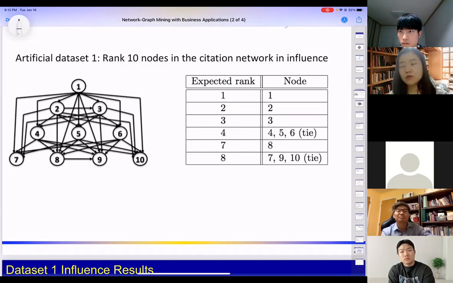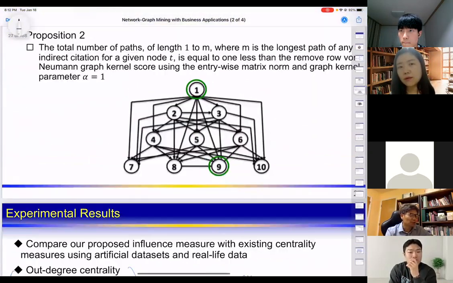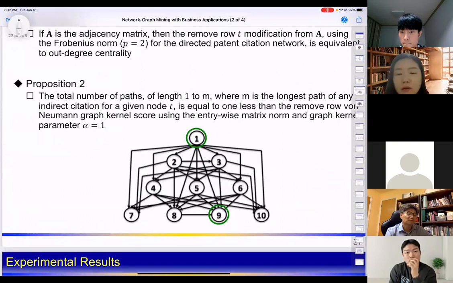Node 9 has direct influence from 5, 6, 8, but node 9 also has indirect influence.